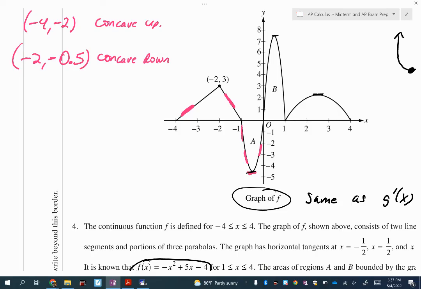Okay. So now we're concave up right here until we get to another point of inflection, right? So from negative 0.5 until 0.5. Concave up for this one. Now we're back to concave down until 1.